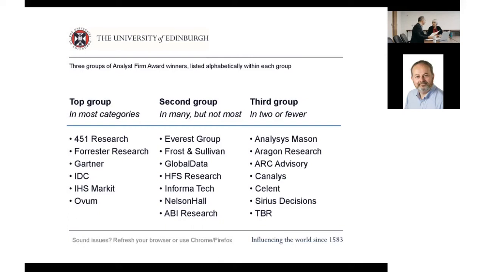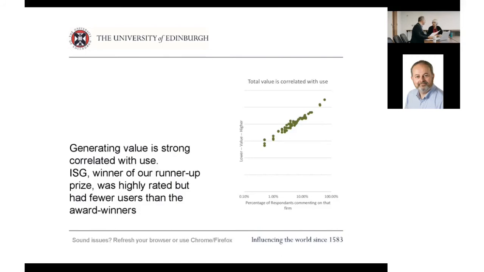Then there's a second group of firms which are either less valuable or they are producing research on fewer areas, but many. And then there's a third group of organizations which are often specialists in just one area, maybe two, but often they are niche providers. And this point of niche influence, I think, is very interesting for us, and we drill into that a little bit more. But overall, it's worth saying that for us, value is really driven by use.